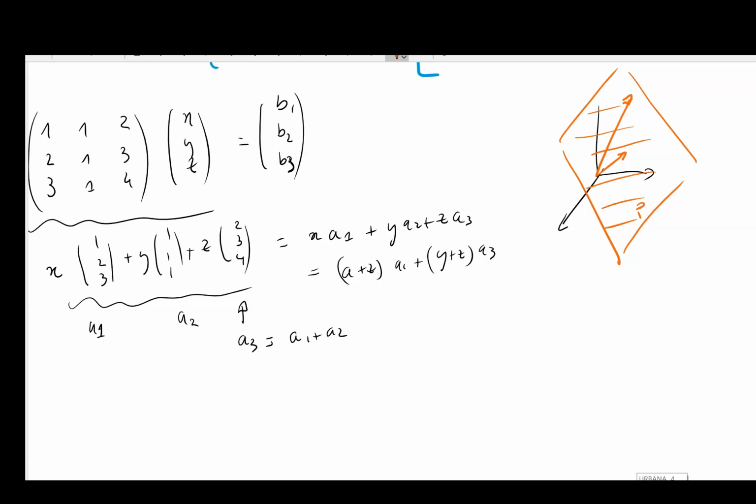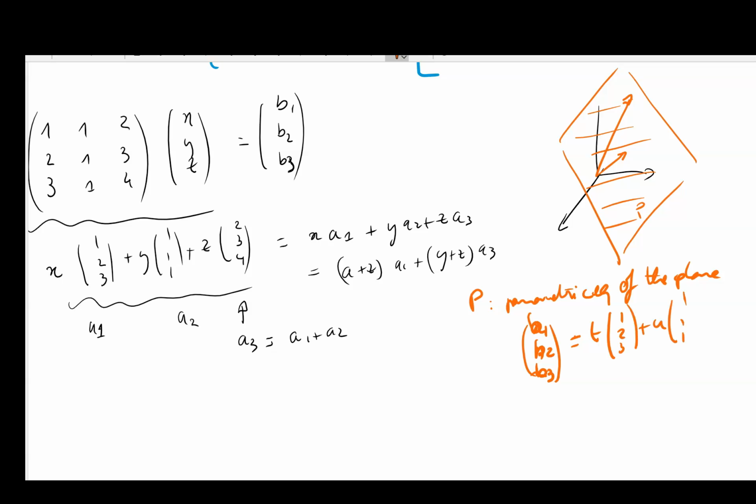This plane going through the origin can be represented by a parametric equation: (b1, b2, b3) is given by a parameter times the vector (1, 2, 3) plus a parameter times the vector (1, 1, 1).